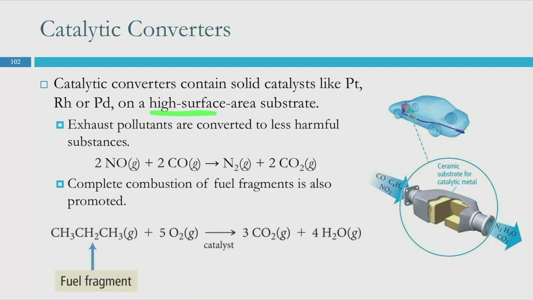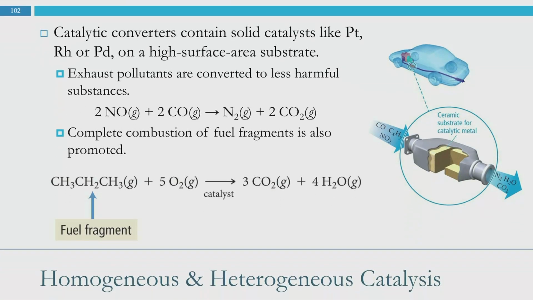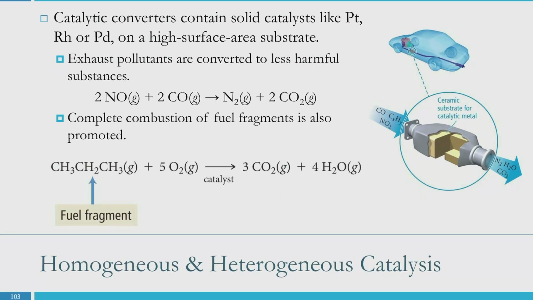They're plated onto high surface area substrates so that you've got your exhaust coming through, and it's got lots of places to interact with and come in contact with these catalysts. And then some of these things that we don't want in our exhaust get turned into less harmful things like N2 and CO2. So it helps improve the combustion of the engine and clean up the stuff that comes out so that we aren't polluting our air quite as much.